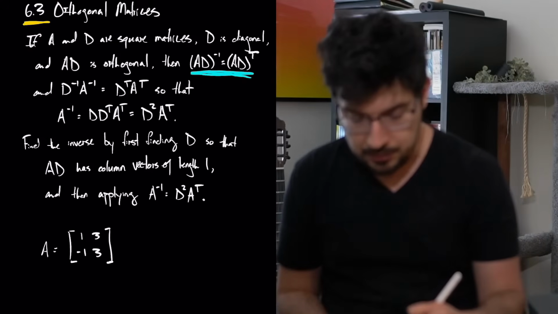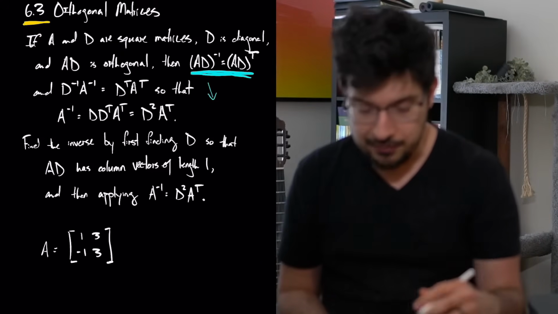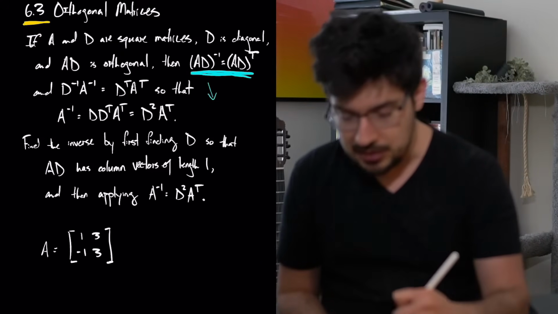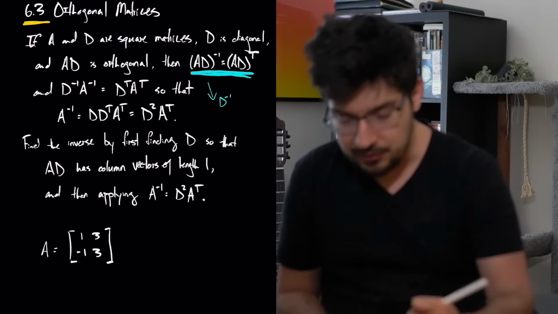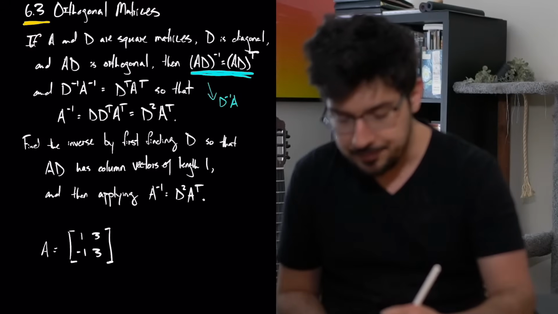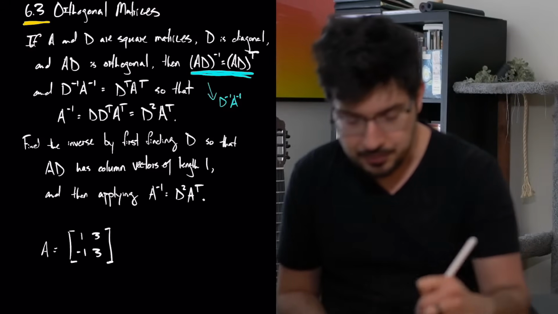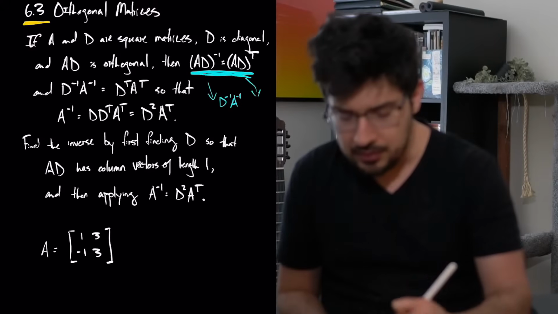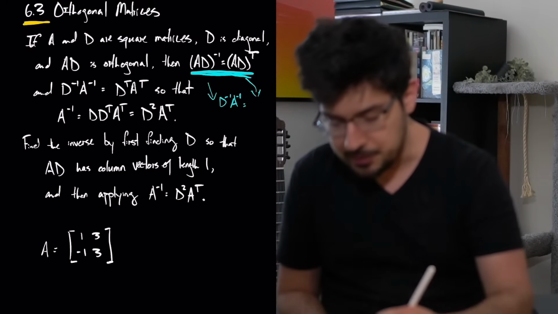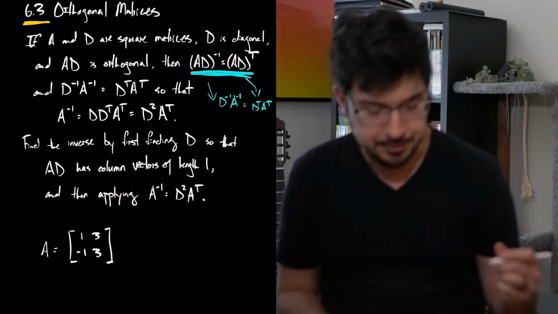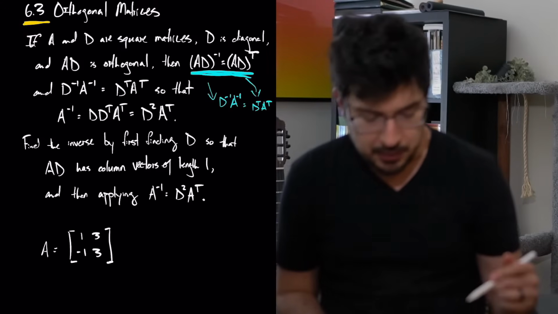The inverse of a product of matrices is the inverse of the second times the inverse of the first. And likewise, the transpose of a product is D transpose A transpose. So now those two are equal.